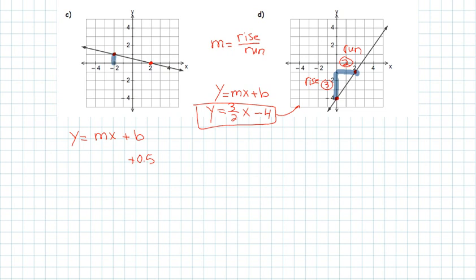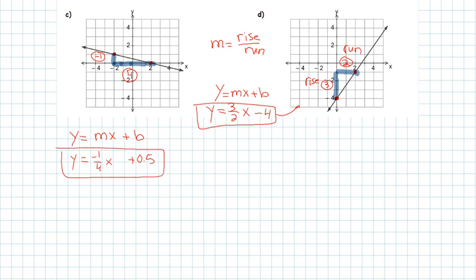And how much do I go over? 1, 2, 3, 4, right? So my rise is -1 and my run is 4. So what's my slope? -1 over 4. So this will be my equation.